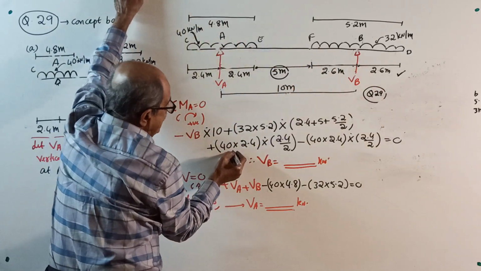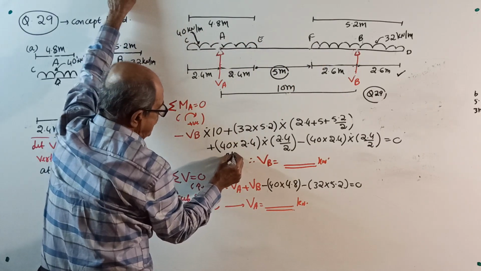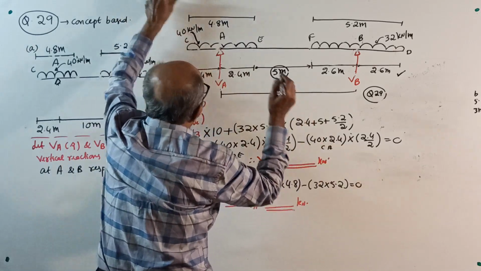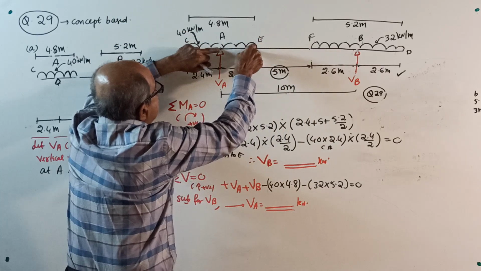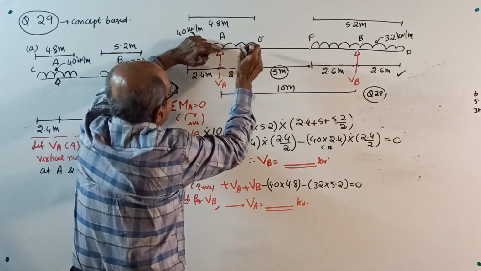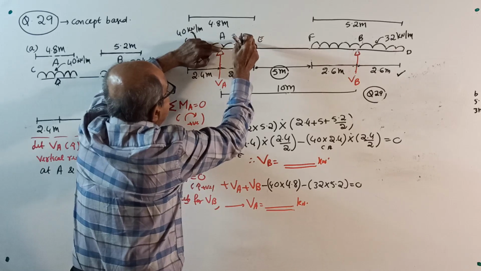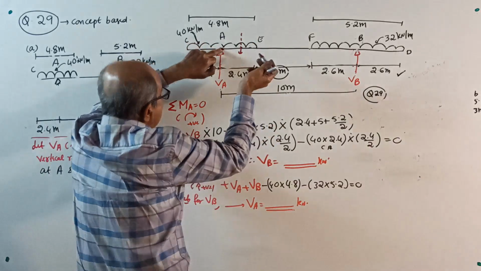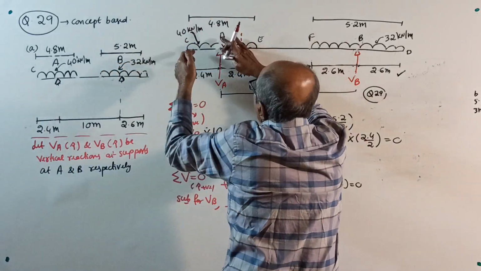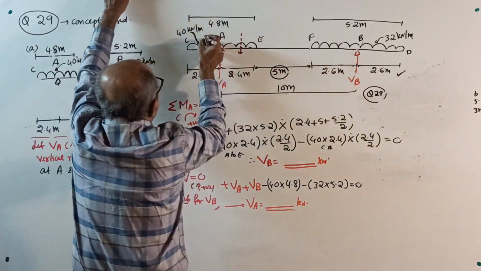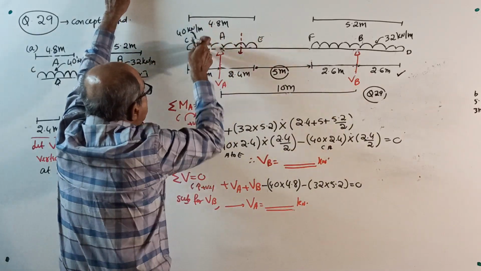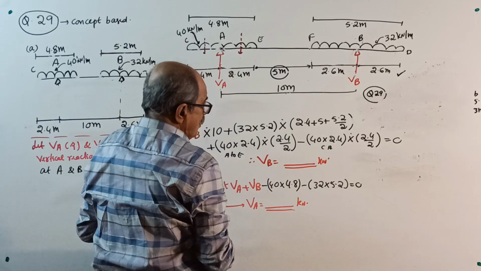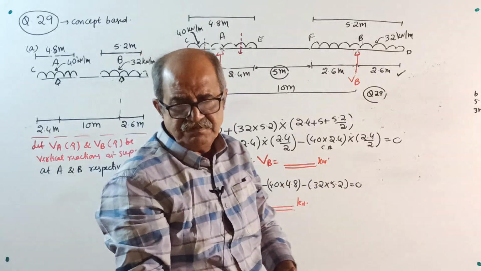You write here, this is UDL from A to E. This is UDL from C to A. This one, 40 kN per meter into 2.4 meter is the total load, into 2.4 by 2 is clockwise, then minus, once again, 40 into 2.4 into once again 2.4 by 2 anti-clockwise, equal to 0, you get the value of VB.